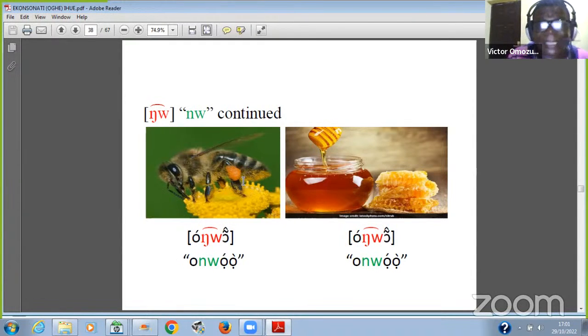That is the insect there. And then onwo, the liquid that comes as the result of that process. They are both onwo, as you can see in the pictures. It's raining heavily here.